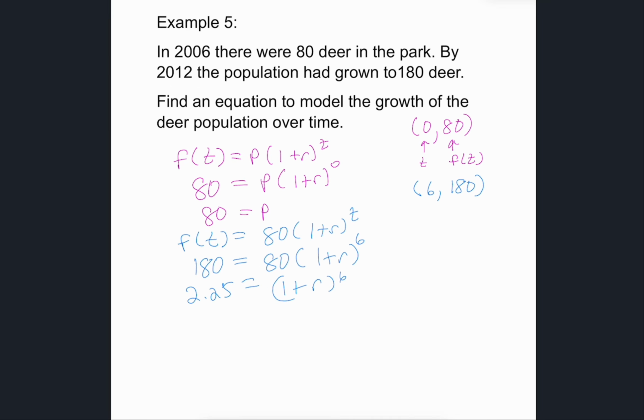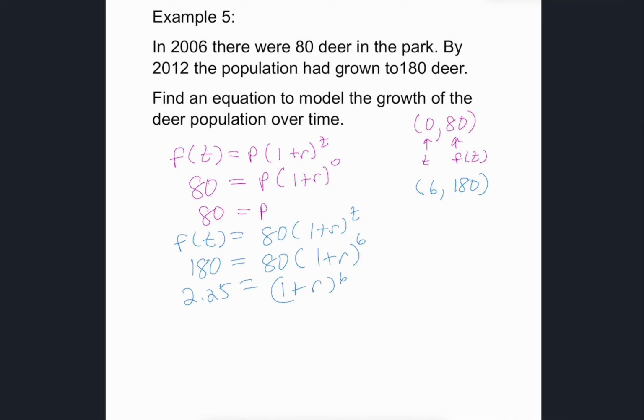Now, I hope you realize that, well, how do I get rid of a 6th power? That would be a 6th root. And most calculators allow you to do that. So if we take the 6th root, you'll see the button that has a radical with an x by it. So you hit 6, and then that second button, and there should be a little x before the radical.